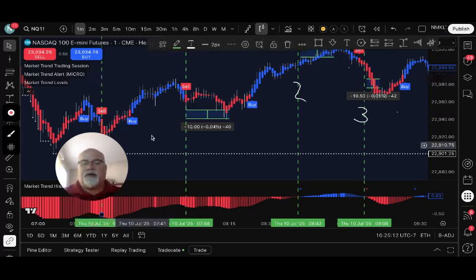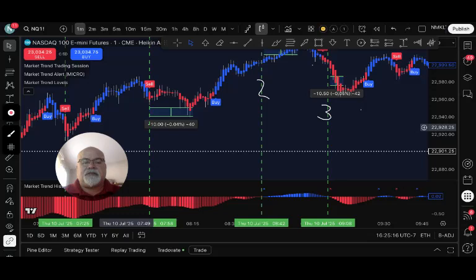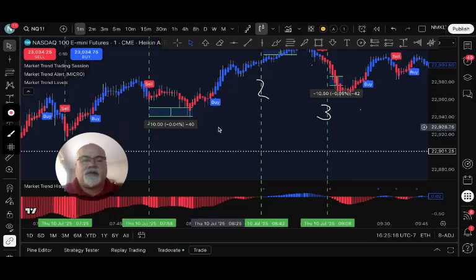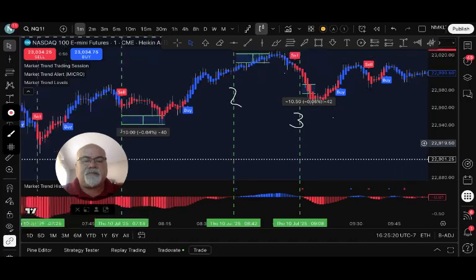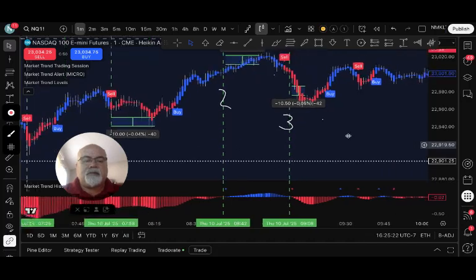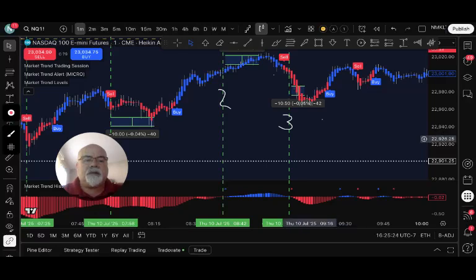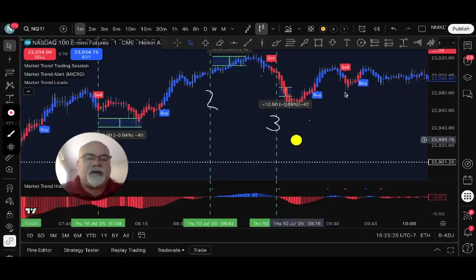So, if I was to calculate this up, and let's actually go through the entire day, okay? We know we got one loss so far. This trade here doesn't count because, well, let's see.